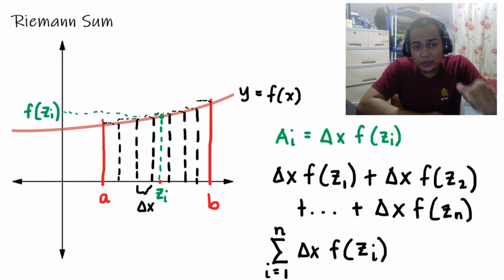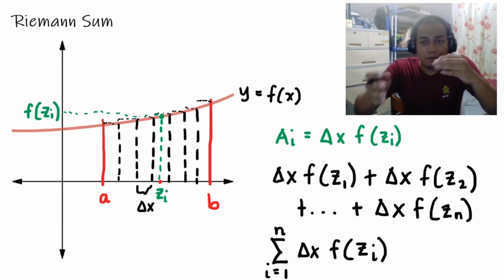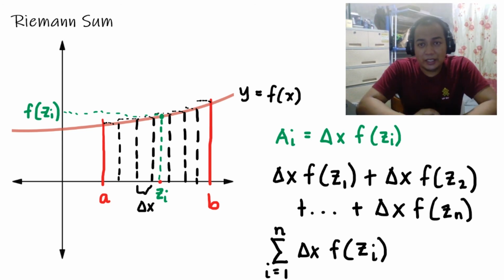To do that, we need to create many rectangles. The more rectangles we have, the better, because the result is closer to the true area when there are more rectangles.